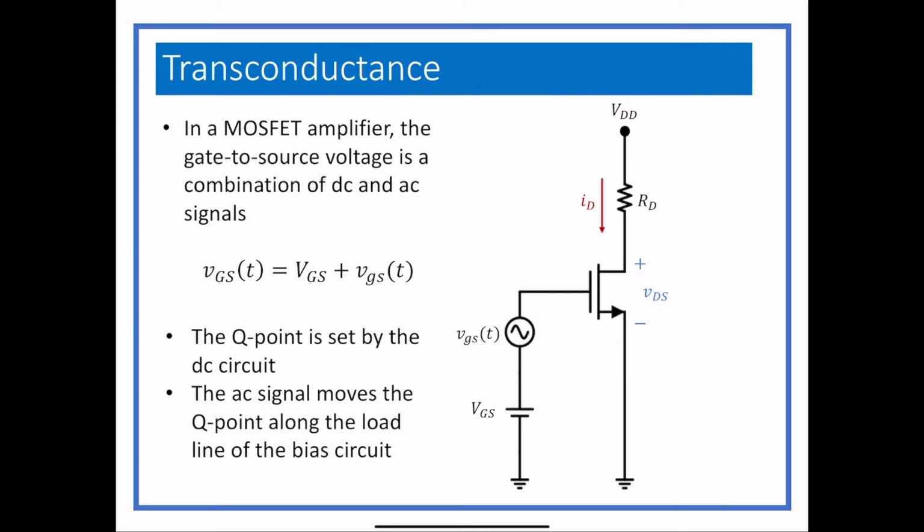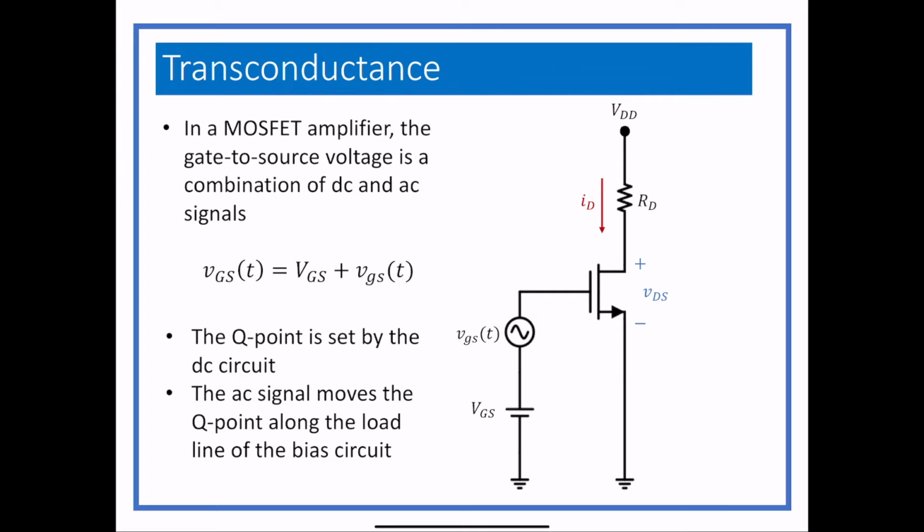So what you get out at plus to minus VDS, you notice it has a little v and then a capital DS. That is what the textbook uses to signify a signal that is mixed, that has DC and AC components. The standard way of representing signals is we use all capital letters for DC and all lowercase for AC, and then we use a combination for signals that are AC and DC.